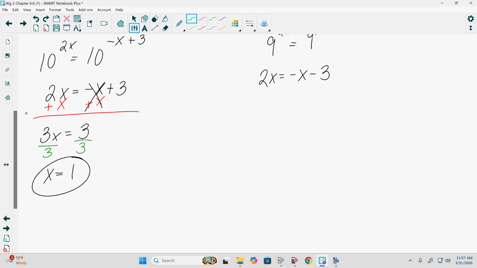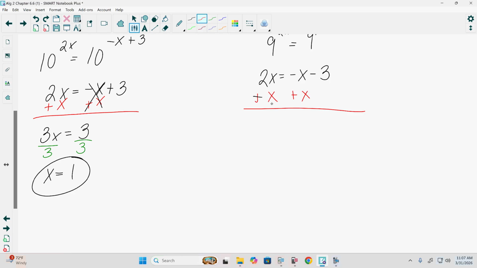So for us here, we're saying that 2x is equal to negative x minus 3. Questions? Okay. All right.